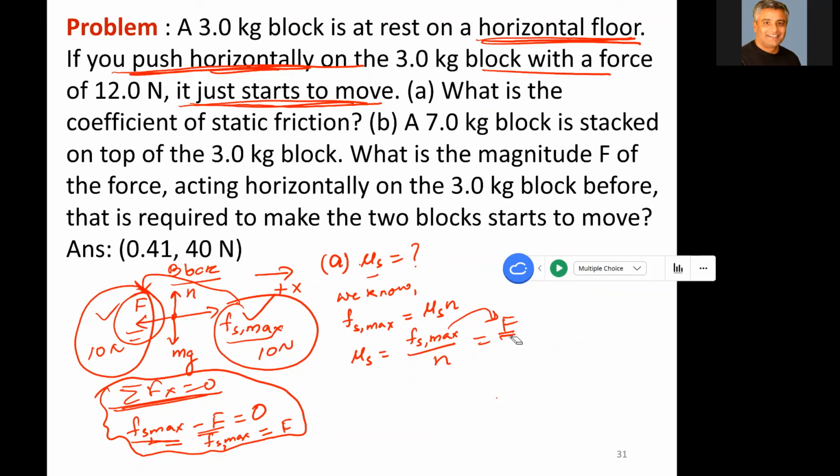That's the systematic way of doing it. But we can just look at the free body diagram when we draw it nicely, and we can tell Fs max here is balancing F, meaning those two forces must be the same. Similarly, normal force is balancing weight. So in this case, normal force is equal to weight. So that's the mg.